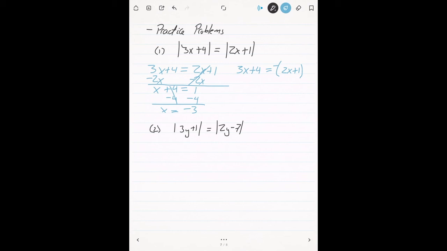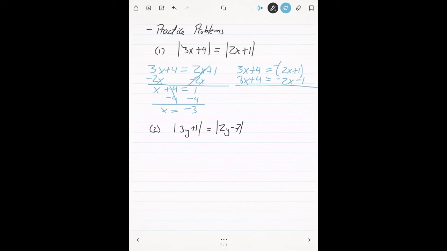You'll notice I wrapped all of 2x plus 1 in parentheses and I put a negative on the outside. This is how I'm going to take the opposite of 2x plus 1. I'm going to say 3x plus 4 is equal to negative 2x minus 1. I flipped all of the signs here, okay? I've switched all of the positives into negatives. So now I can solve this equation.